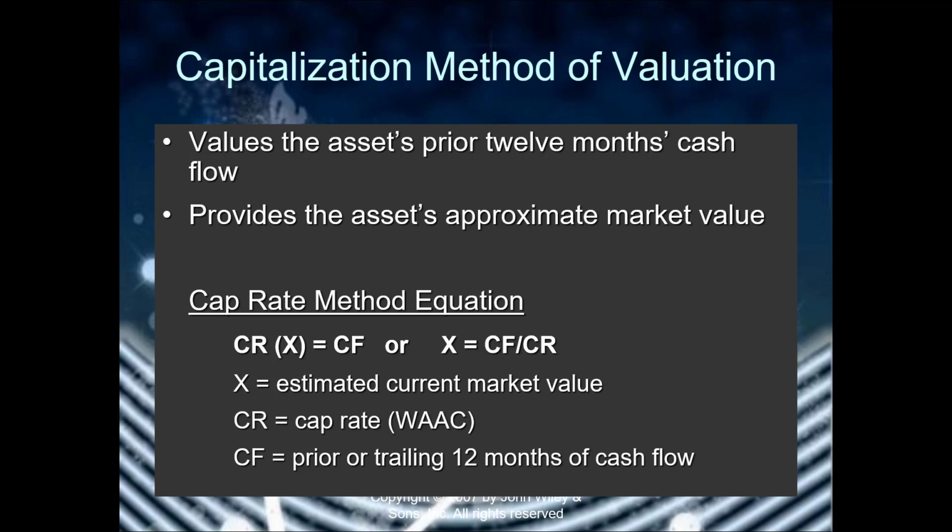So by using the 12 months of cash flow and using a cap rate, right, which is based on the cash flow and historical averages, we then can calculate the approximate market value of an asset. We will do the actual calculations when we get to a later chapter, but for right now, what we need to know is that there is a way to calculate that end value or the current value of an asset.